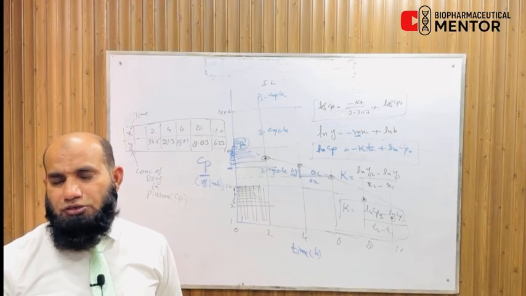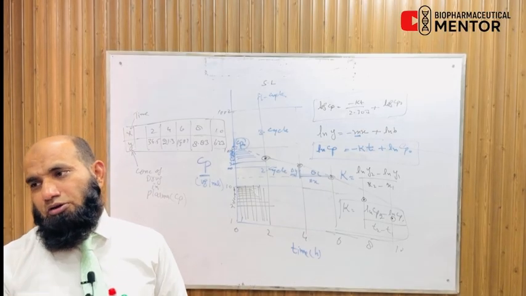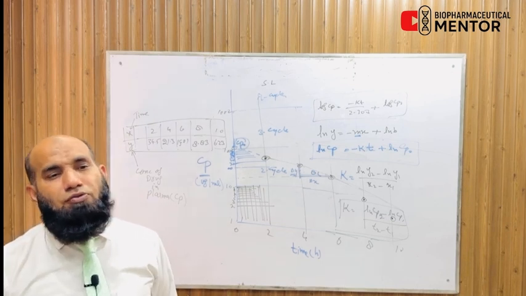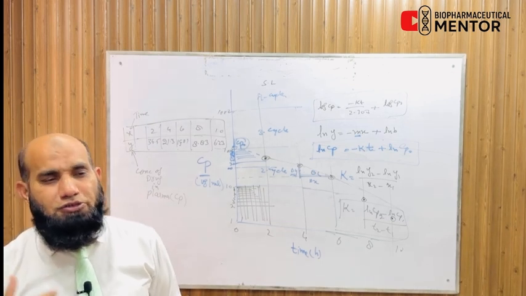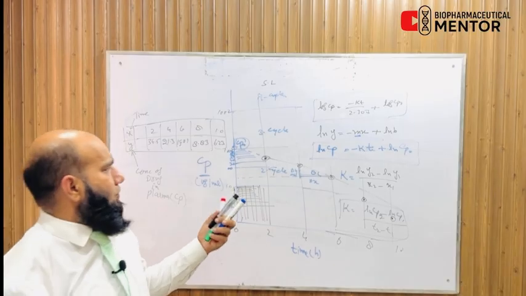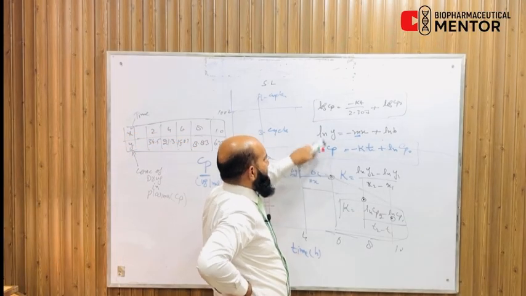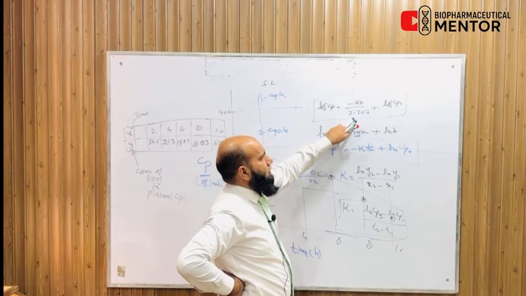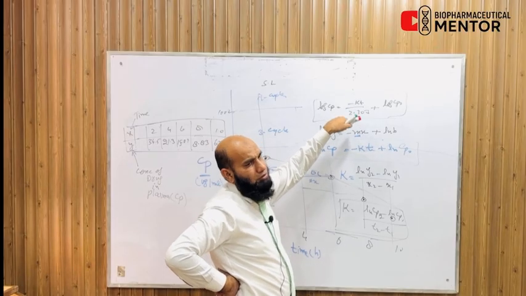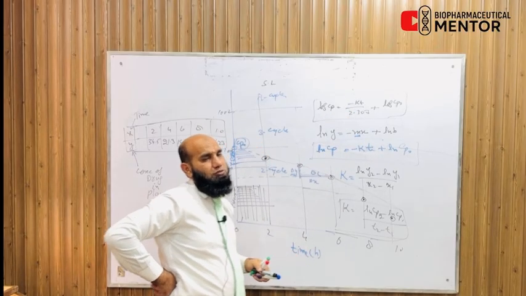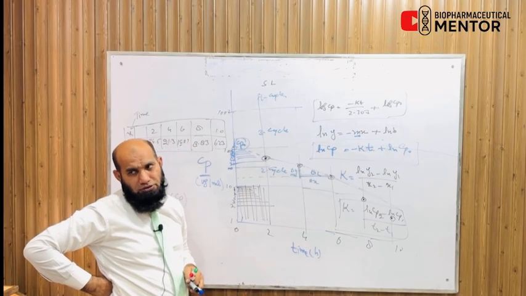So when we convert log into natural log, we have to multiply the log by 2.303. Now we have replaced this ln with the log, so we have to divide by this factor, because this factor is the natural log of 10, 2.303. This would be the equation for the logarithmic scale.